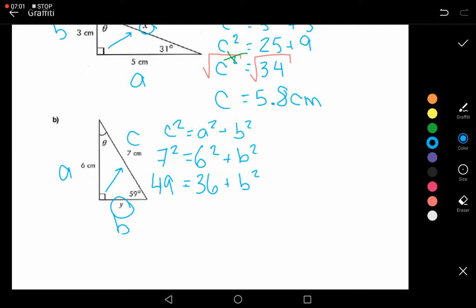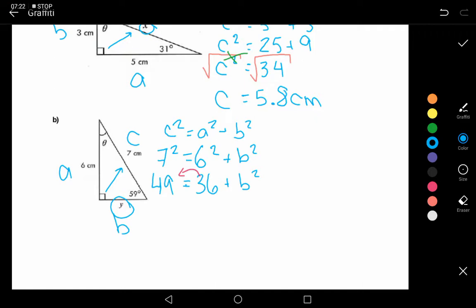So I need to get this 36 across the equal sign. There's multiple ways you might know how to do this. One way is to put it over the equal sign and change the sign. So this was positive 36. If I move it over the equal sign, it would become negative 36.